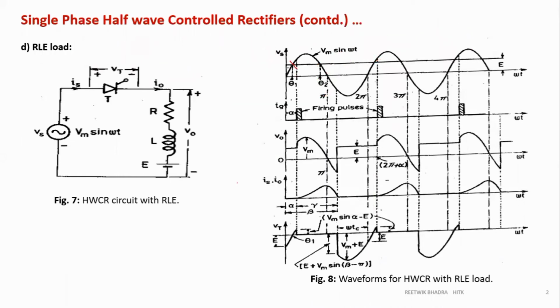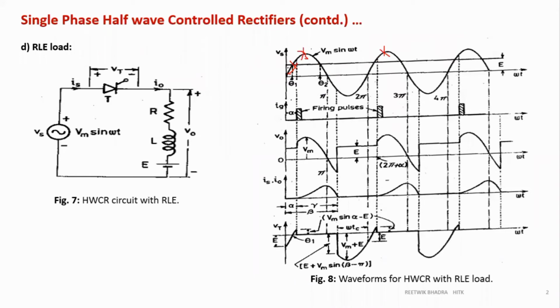So you see that this sine wave is intersecting with this E point at theta 1. Out of this total sine wave, I have one particular point where I have the value. At this point, I can't say what is my value.